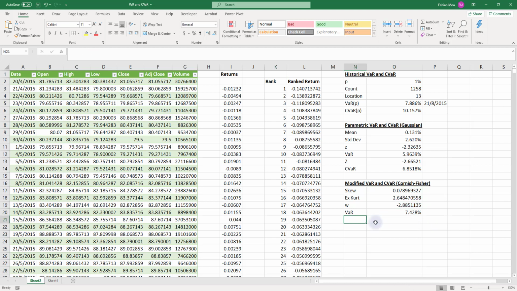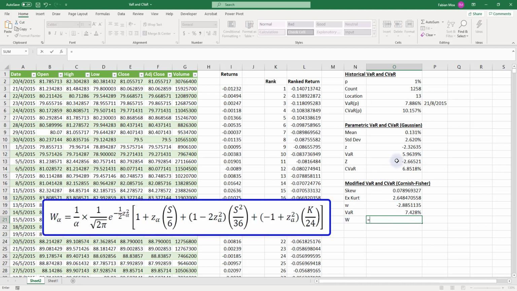And then for conditional VaR, we'll calculate the adjusted standard normal variable. For this case, I will take the Z, the uppercase Z that we calculated previously. This is the Z value for the conditional VaR. But then we will need to scale it for Cornish-Fisher's expansion. So this will be 1 plus the Z value times the skewness, divide by 6.